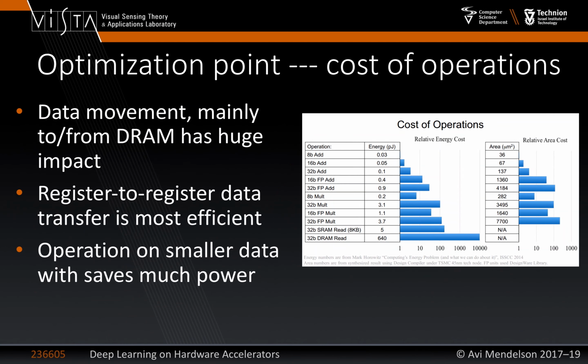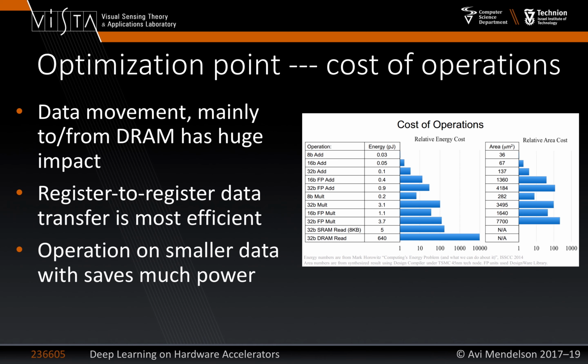But more than that, this is a graph that was produced, I think, only 2 or 3 years back. Actually, 2014, a little bit earlier. And it shows that today, if I try the energy to do some add operations, for 8-bit, it costs me 0.03 picojoule.